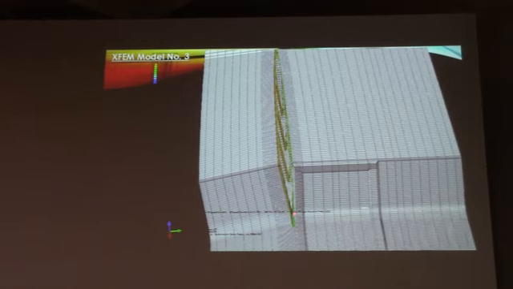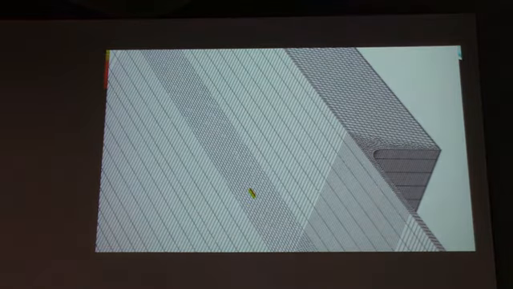To get results like this, it looks simple once we are looking at it, but it took about a couple of weeks of hard work and different models to get the crack growing at the same time this way and that way, which is the case in reality as well. This is the view from the back, so that crack also went through the thickness.